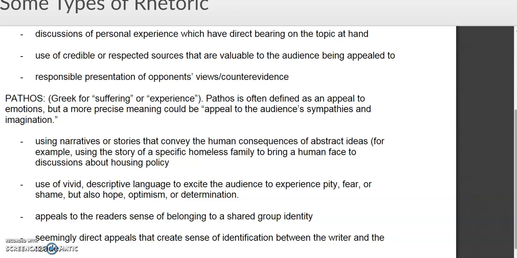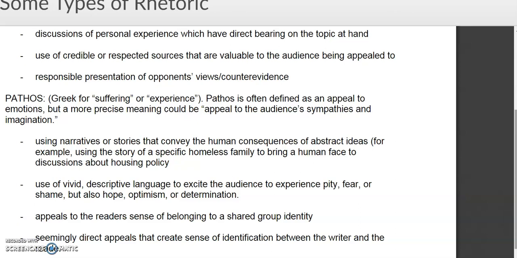One of those things is to tell individual stories that convey the human consequences of more abstract ideas. If you're talking about something like policy, you might include a story about how an individual is affected by a specific policy, housing policy or something like that.